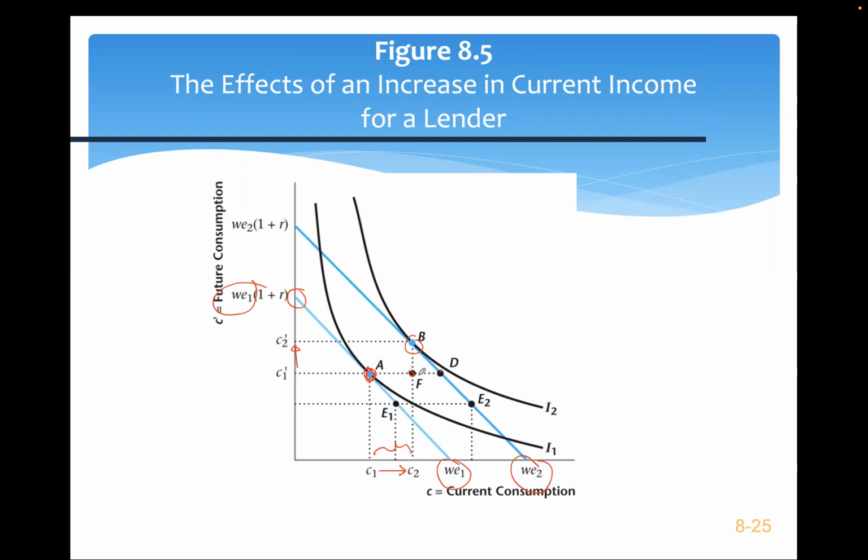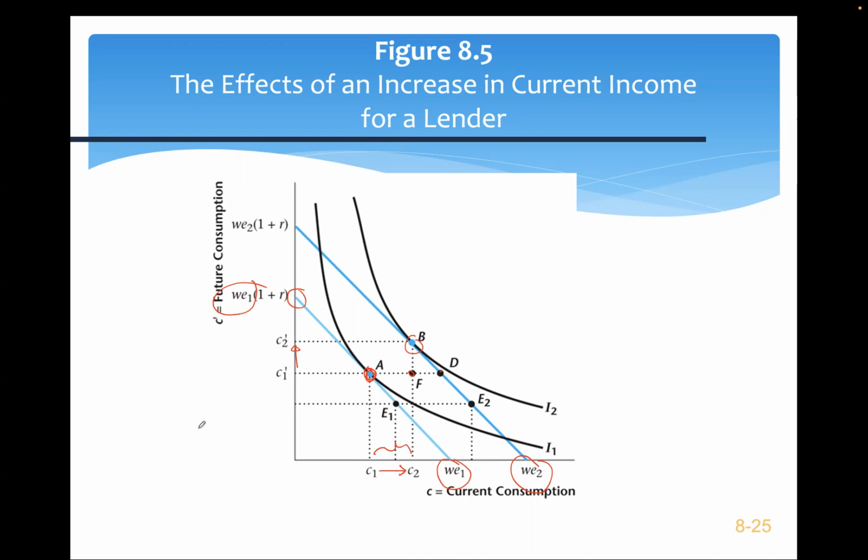Why? Because the income increase must be distributed between C and C prime, since you care about C and C prime. You want to spread out your consumption, right? So this is how an increase in current income leads to a change in your consumption and saving decision.